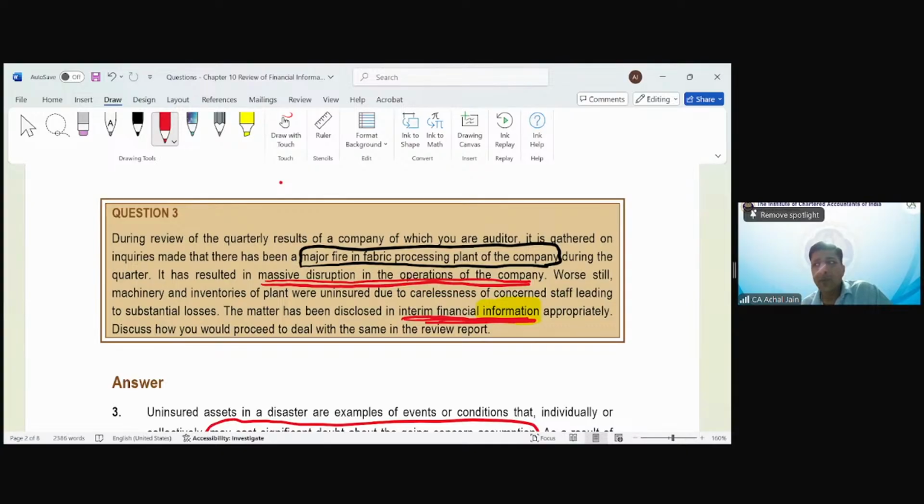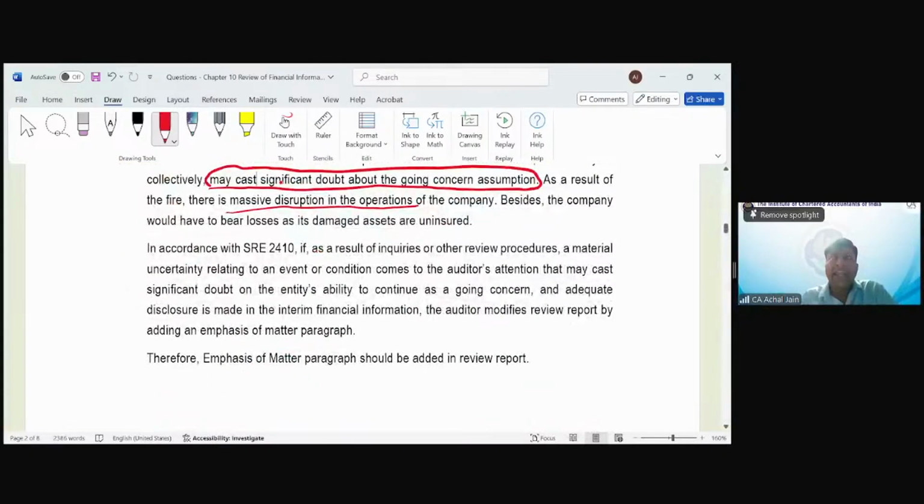Now, similar to that auditing standard, can we include a para for material uncertainty related to going concern? The answer is yes. But you will not call this para material uncertainty related to going concern. You will have to change the nomenclature. What do you call it? Emphasis of matter.